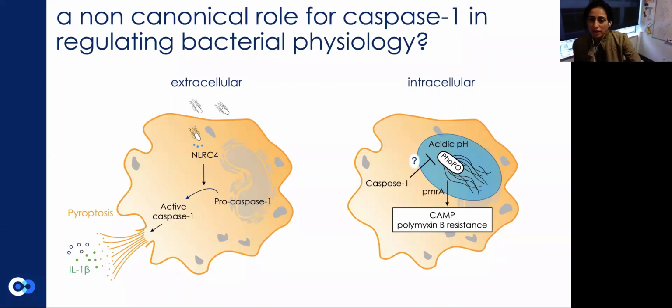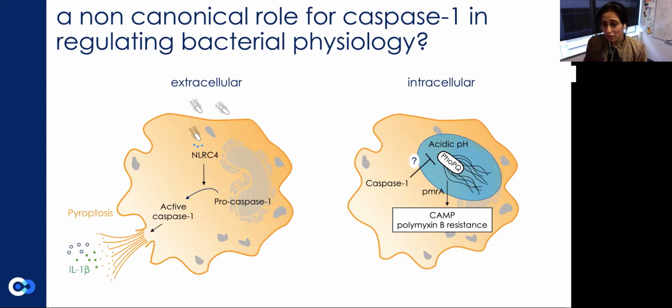And so, why are we excited about this? I think conceptually, I'm excited about a possible, what I call non-canonical, not a usual role for caspase-1. It's activity independent.